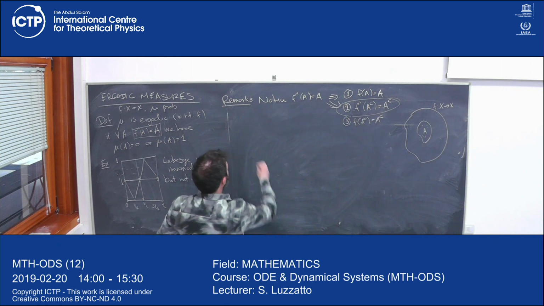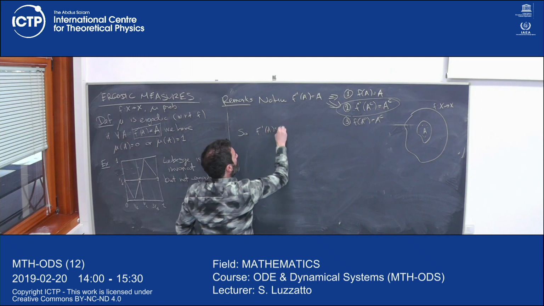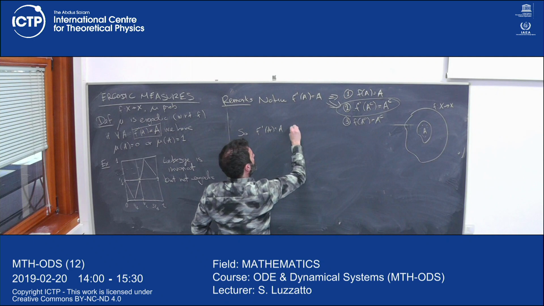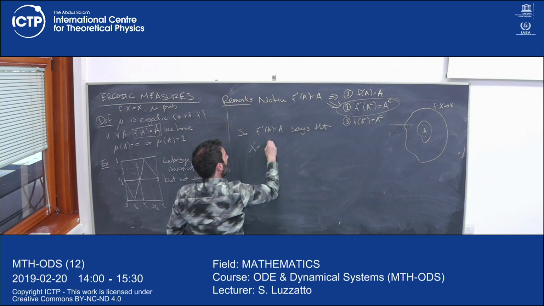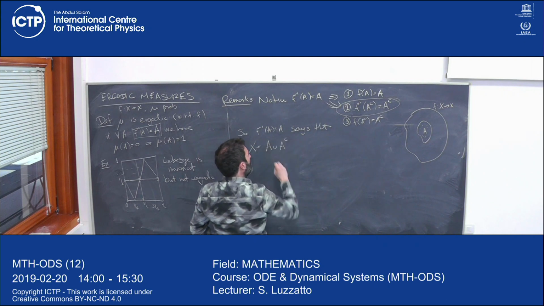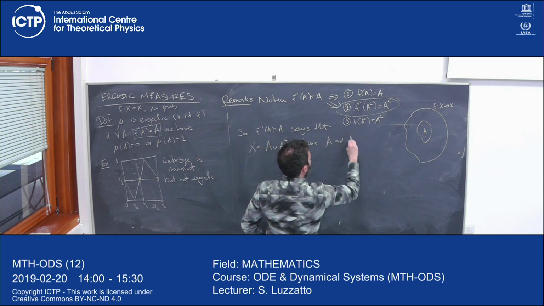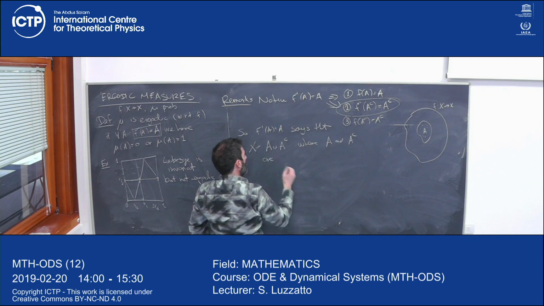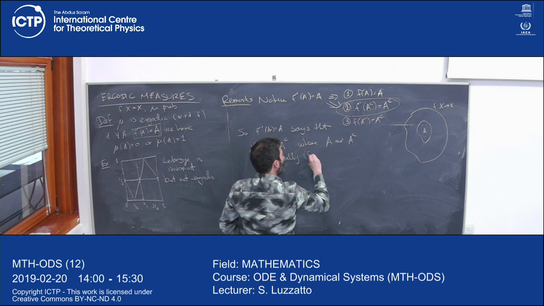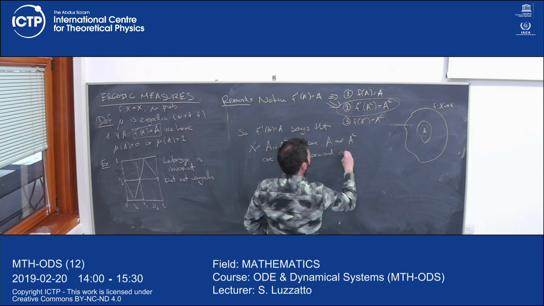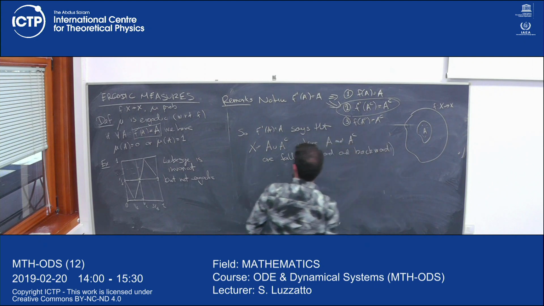So what we're saying is that f minus 1 of A equals A says that X is equal to A union A complement, where A and A complement are fully forward and backward invariant sets.